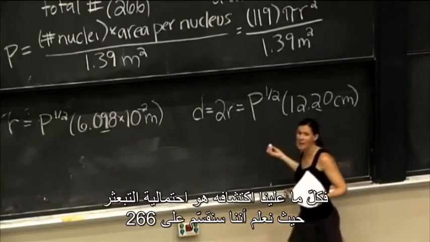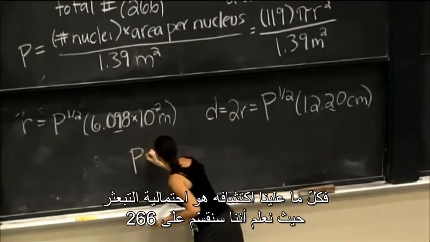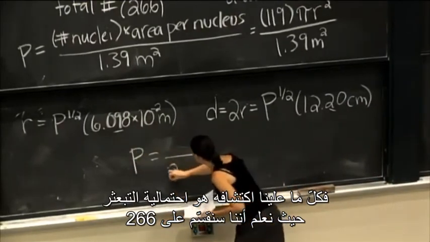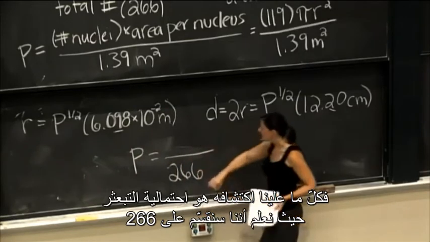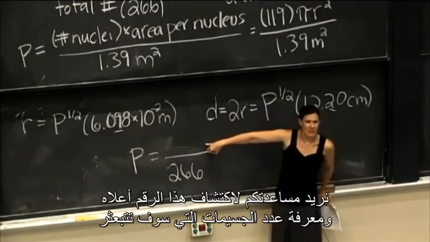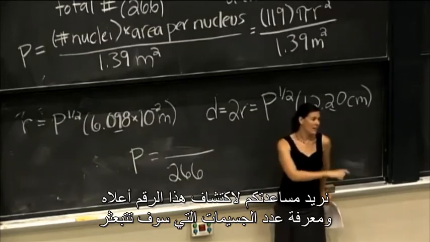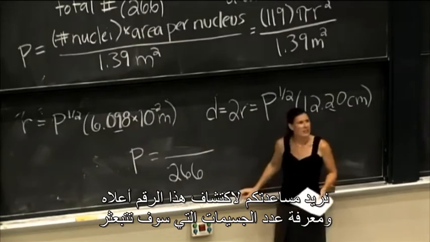All right, so now all we have to do is figure out this probability of backscattering. We know we need to divide by 266, but what we need you to help us with is to figure out this top number here and see how many particles are going to backscatter.